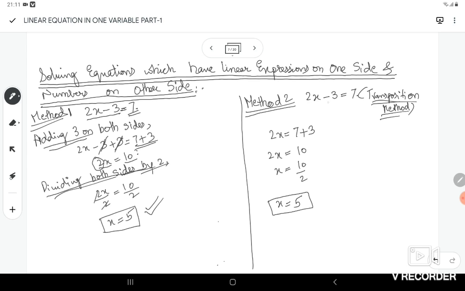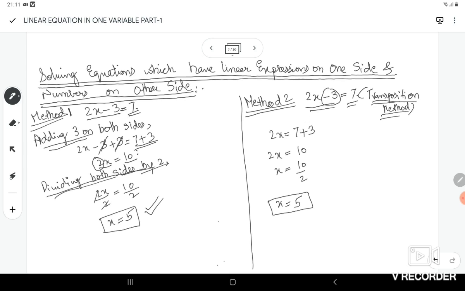So let's solve using the second method. The equation is 2x minus 3 equal to 7. Now using the transposition method, we are going to transpose this minus 3 to the right hand side, and I have already told you that when we take a minus term to the right hand side, it becomes plus.